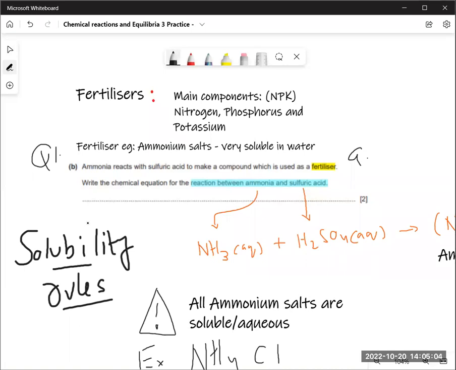I think you've done this with me in class, right? Yes, we have covered solubility. Manvi, have you done it? No. Oh wait, I do know what salts are soluble and insoluble. All sodium and potassium salts are soluble. All nitrates are soluble.